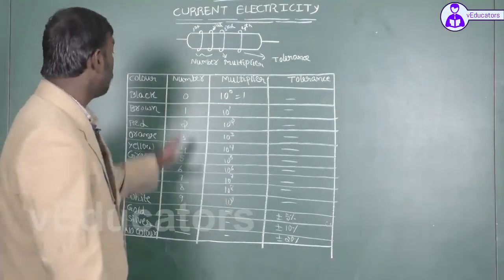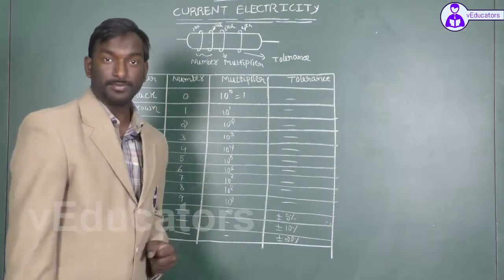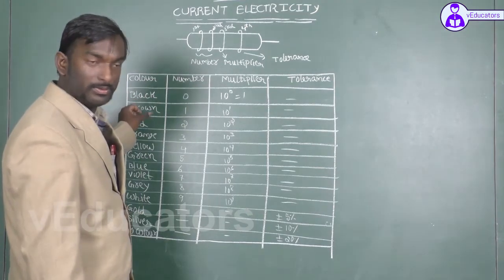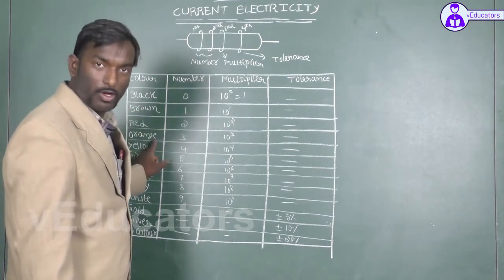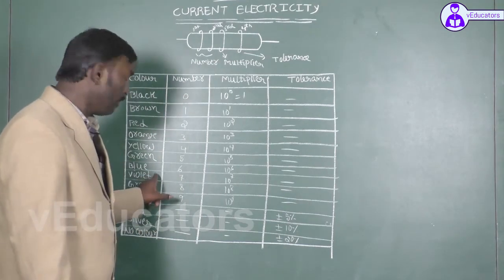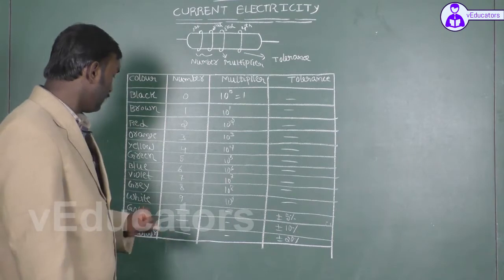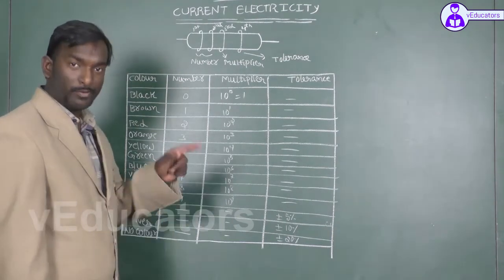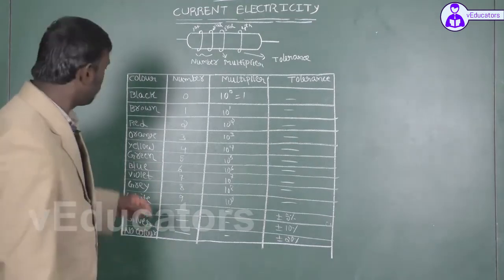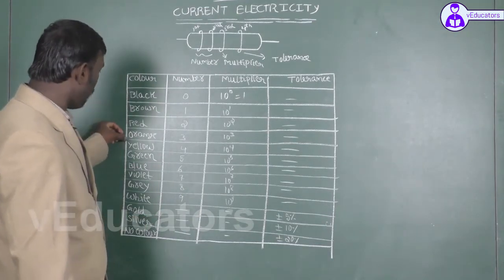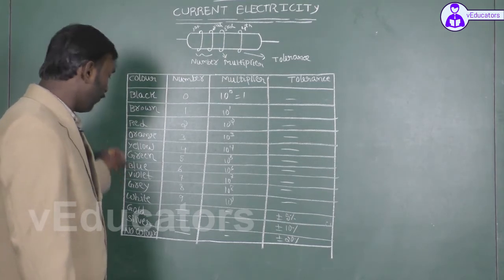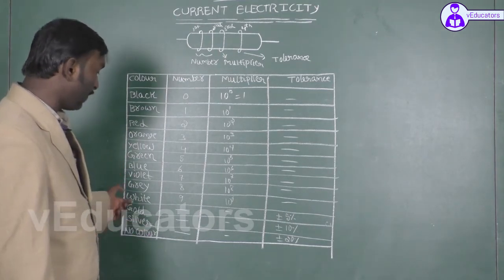Now you have to remember this color coding: black, brown, red, orange, yellow, green, blue, violet, gray, white, and for tolerance, gold, silver, no color. You can remember it like this: B.B. Roy had a Great Britain, very good wife, wearing gold, silver, and no color.